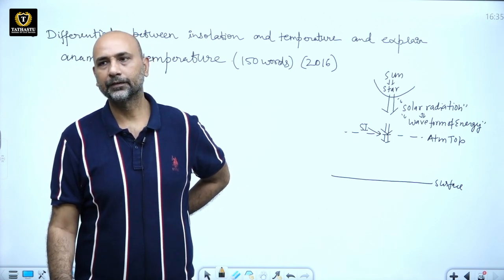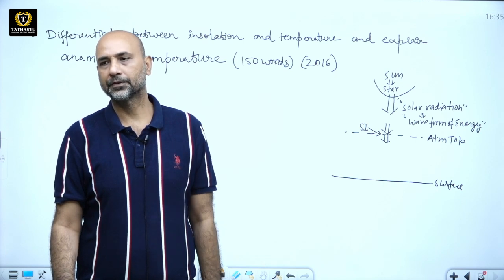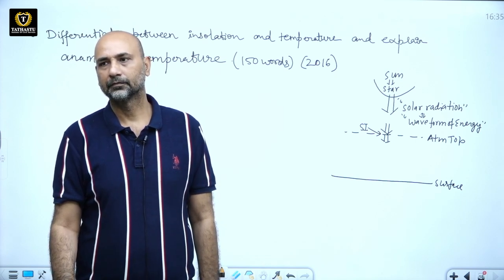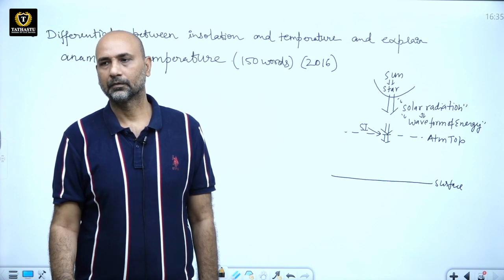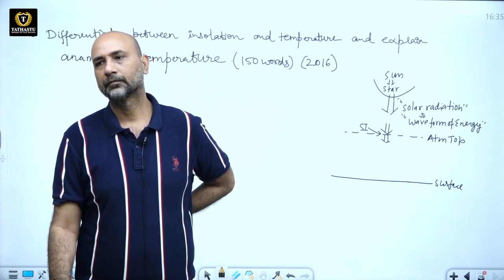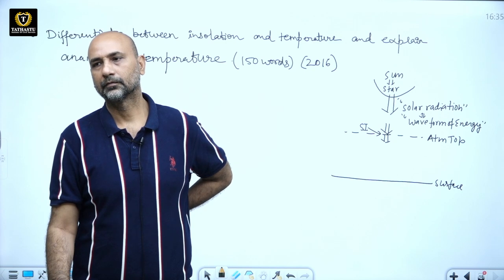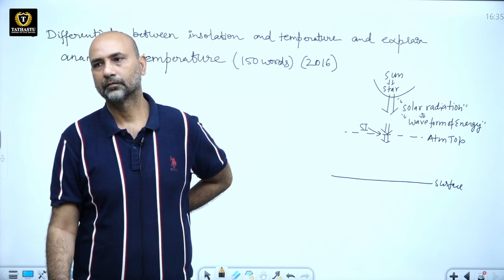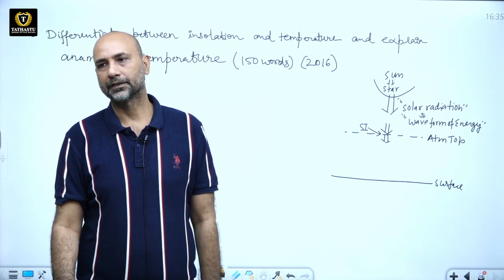Solar insolation is in the form of short waves. Atmosphere is largely transparent for incoming shortwave solar insolation.